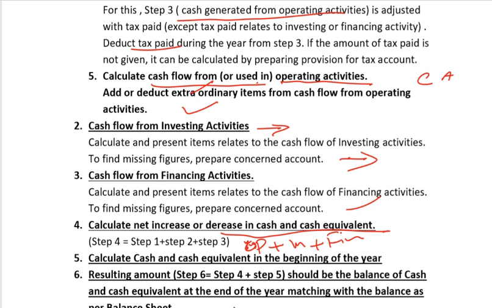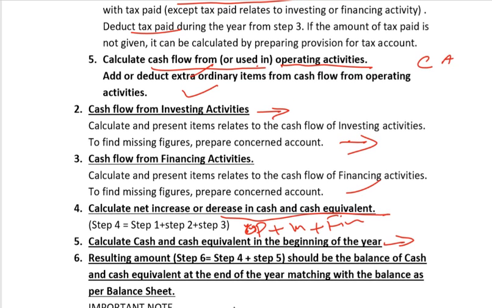Then calculate the cash and cash equivalents at the beginning of the year. This we get from our balance sheet, and if any marketable security is there, we have to consider it; in the cash and cash equivalents column it should not be taken as a current asset. Add this along with the item, and then you get the closing balance.